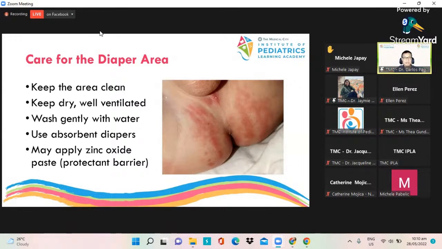Feces and urine have chemicals and germs. We'll just simply put it as that. These chemicals and germs, when they come together as a cocktail, is very potent in irritating the skin of babies in those sensitive areas to begin with.